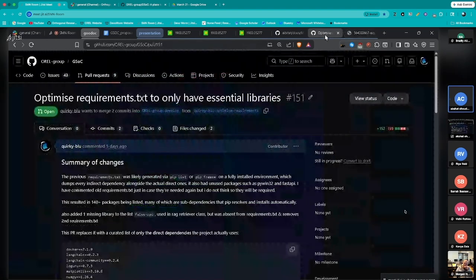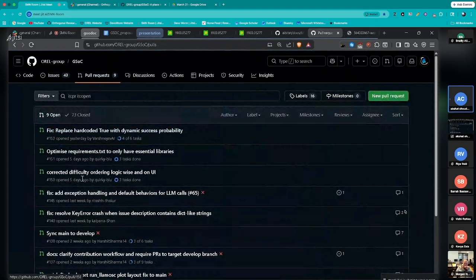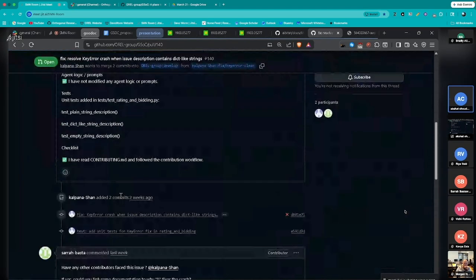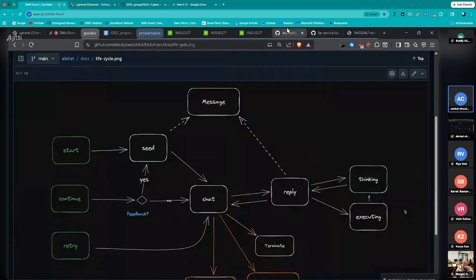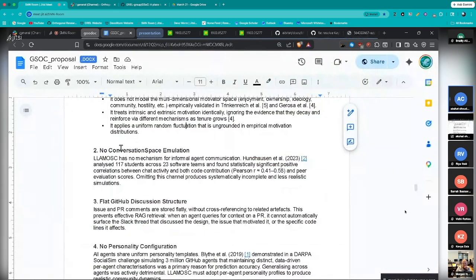So I was thinking of updating the front end a bit, like the current GitHub we have. We have pull requests and we have discussions going on in different pull requests like this. So that can be used instead of this, and that won't require much work. I think we would just need to tinker a bit with the front end and have the agents talk in the separate threads.